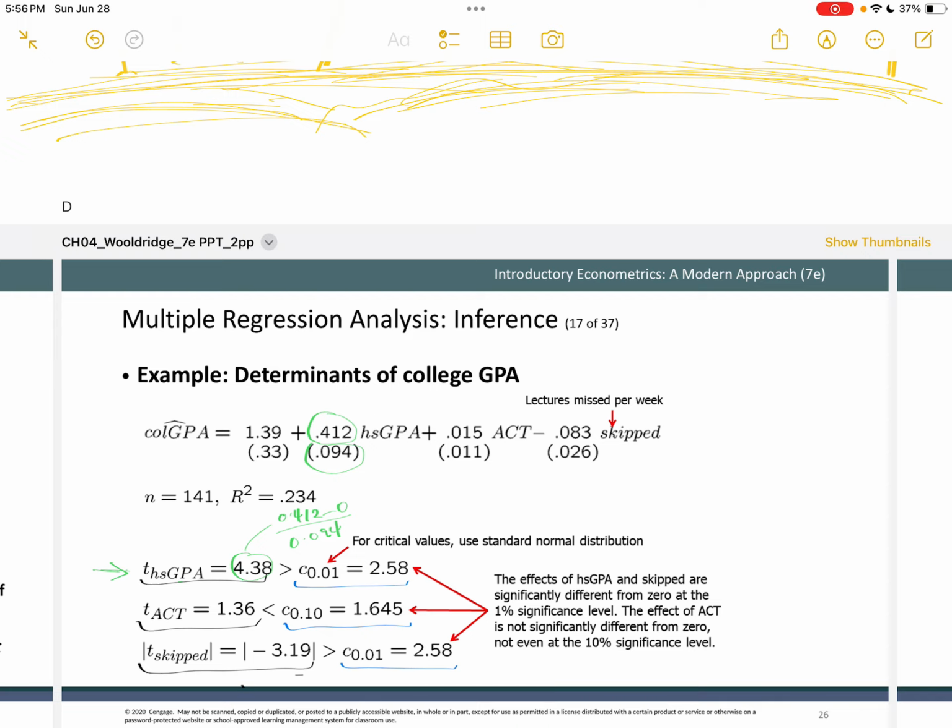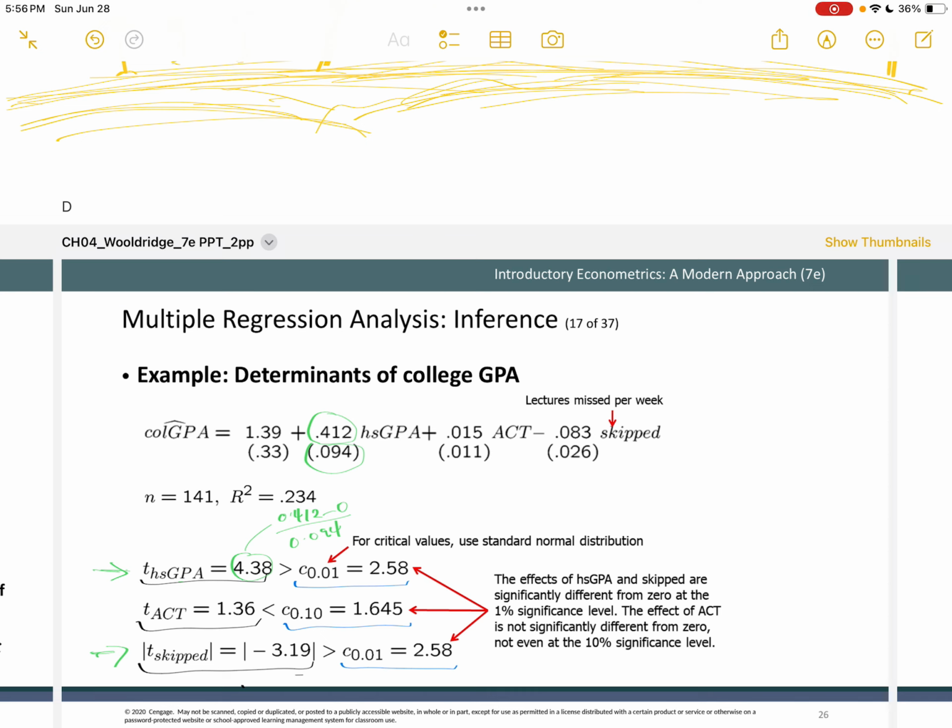That's how we got it. And so we found out that our test statistic is greater than 2.58. Now you can pause the video here and draw it for yourself to see if that's true.